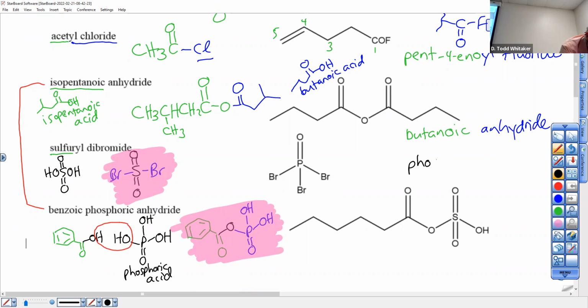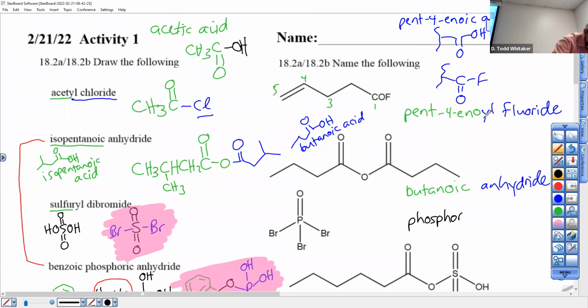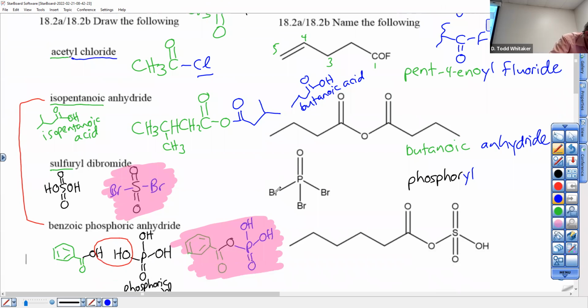It's not an anhydride. So I keep everything up to, but not including the ic, and add yl. And in this case, bromide. Because there's multiple OHs, you need to tell me how many of them got replaced. So you say 3 bromides.